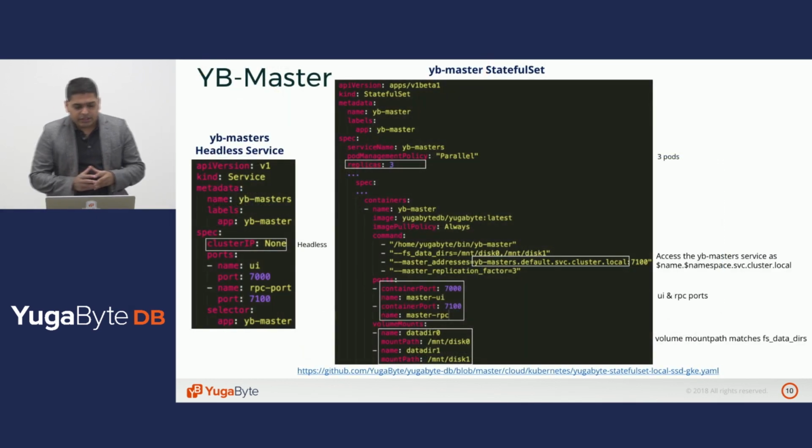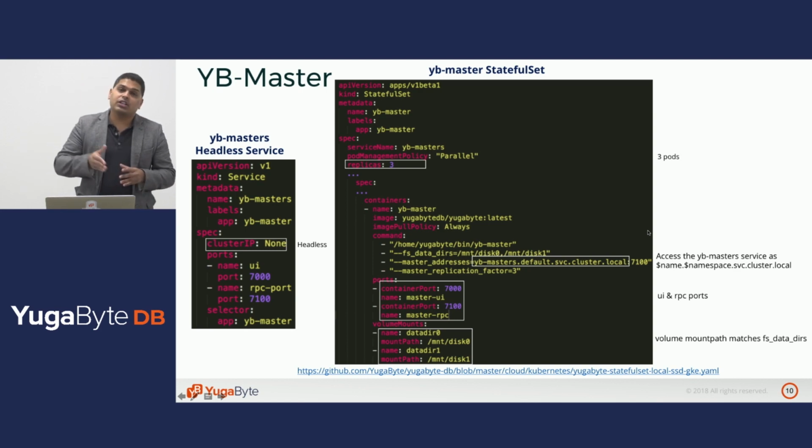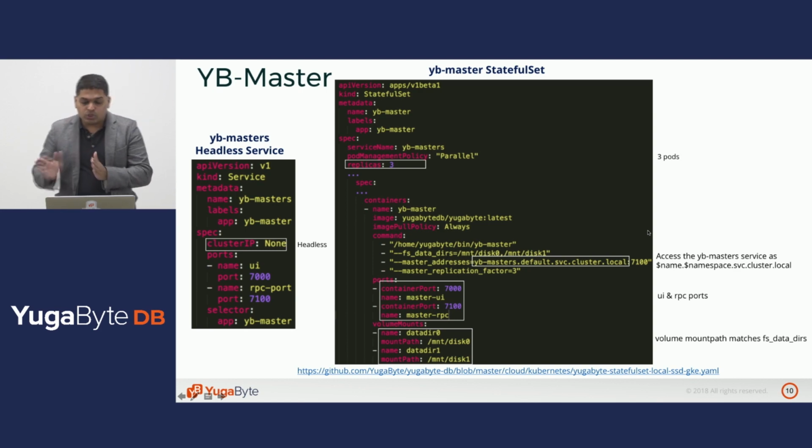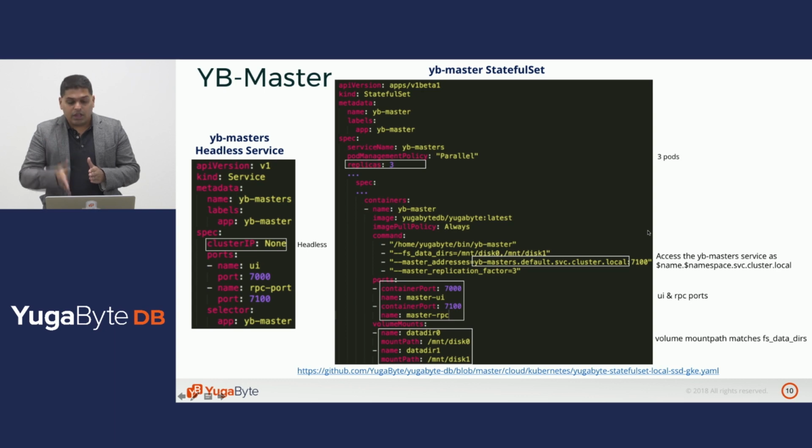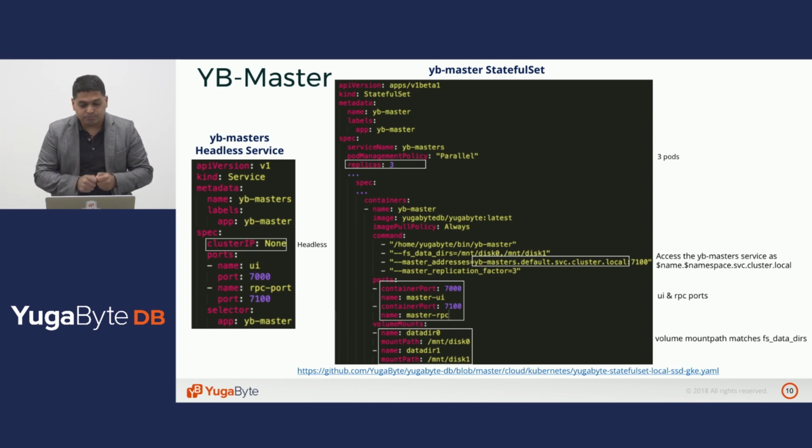From a YAML standpoint, let's look at the stateful set first. We have specified replicas as 3. That means 3 pods will be created. We specify master addresses using the Kubernetes approach of namespace service cluster local, because this is a local service between each of the pods themselves.